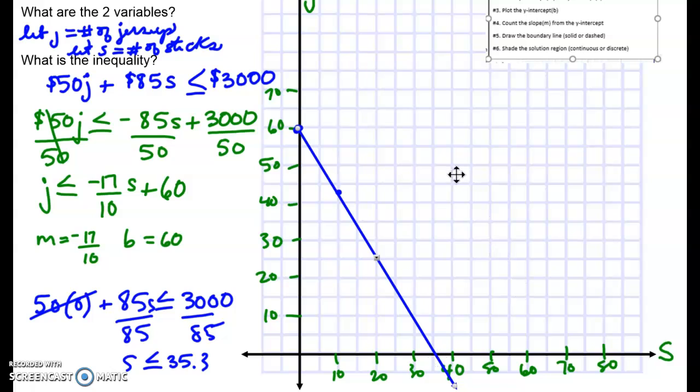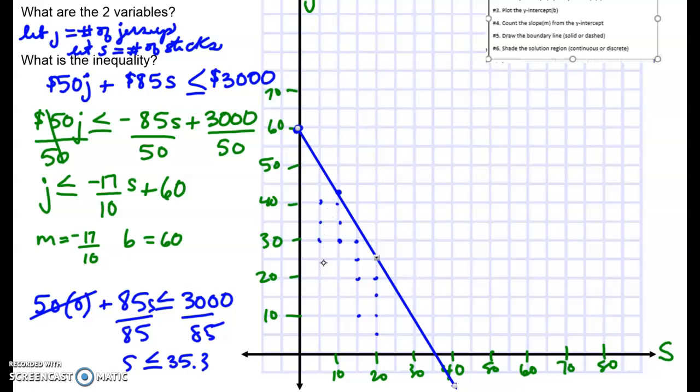Okay, so now our last step, step number 6, is shade the solution region as continuous or discrete. So we've already decided this, we're dealing with whole numbers, so it's going to be discrete, meaning that I could choose any combination less than this boundary line that are whole numbers.